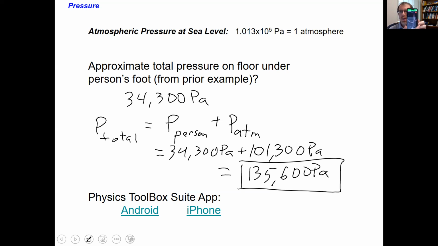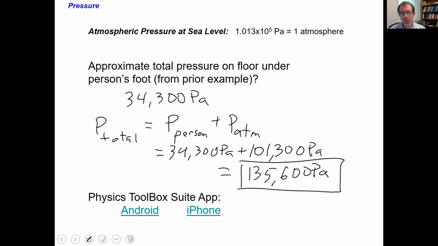So we can see differences in air pressure based on basically where this phone is relative to the ground. The closer I get to the ground, the more air is pushing down on the phone. The higher up we get, the less air is pushing down on the phone.